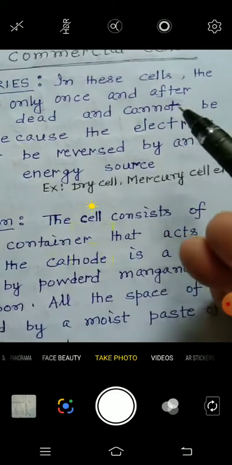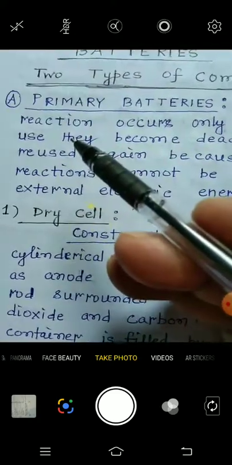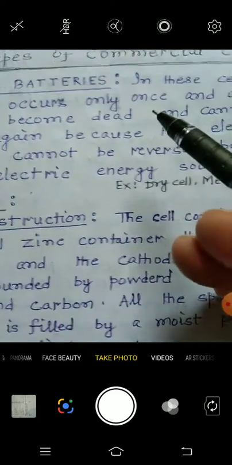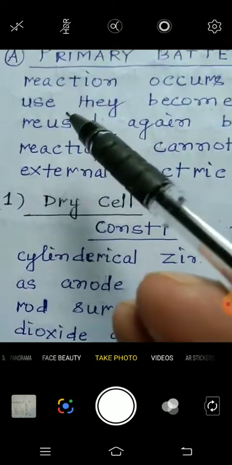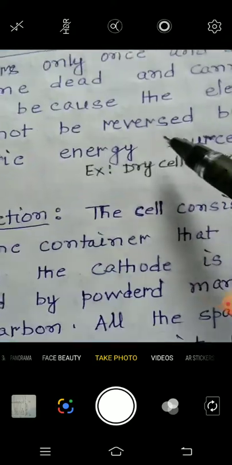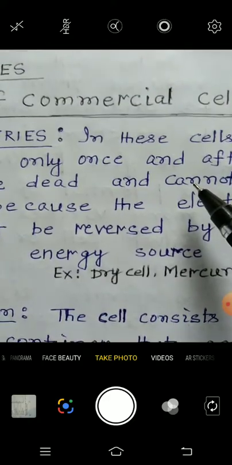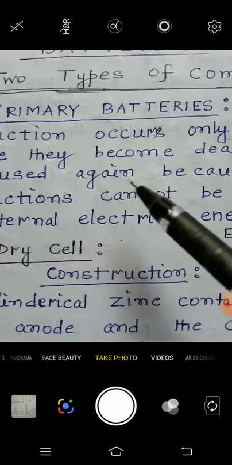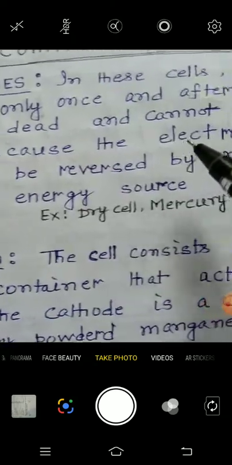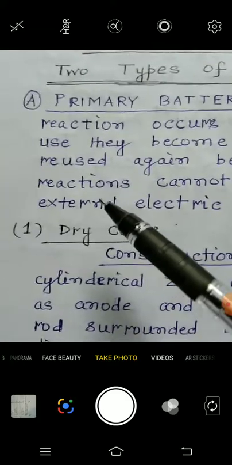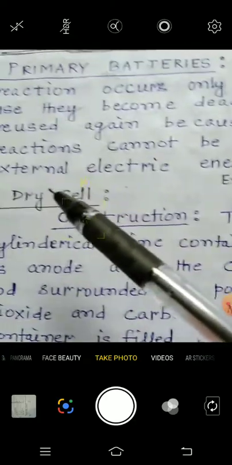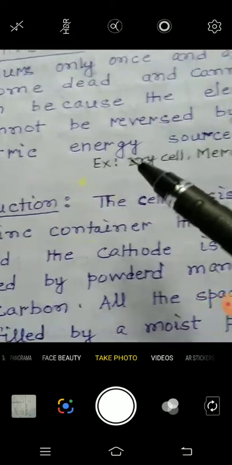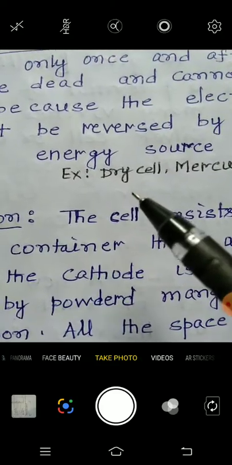In these cells, the reaction occurs only once, and after use they become dead and cannot be reused again because the electrode reactions cannot be reversed by an external electric energy source. Examples of such type of cells are dry cells, mercury cell, etc.